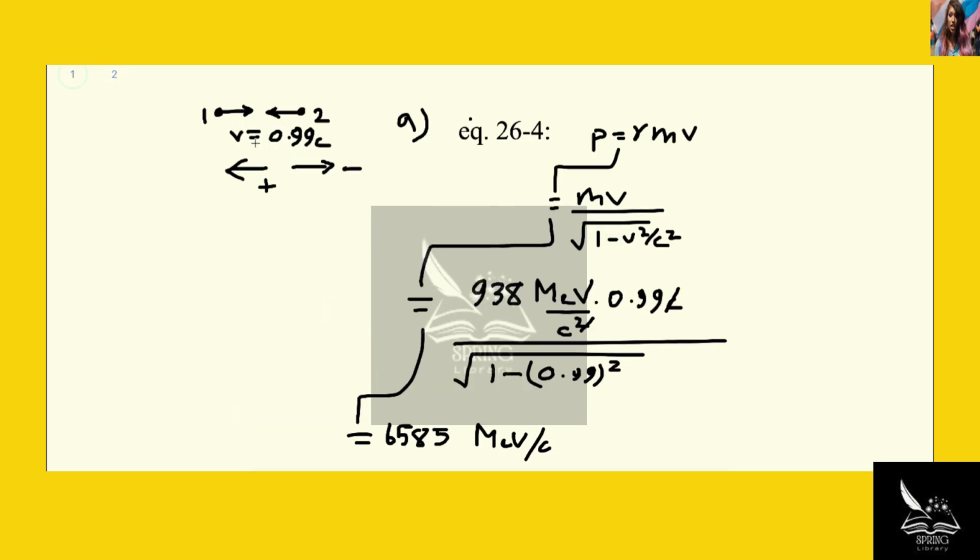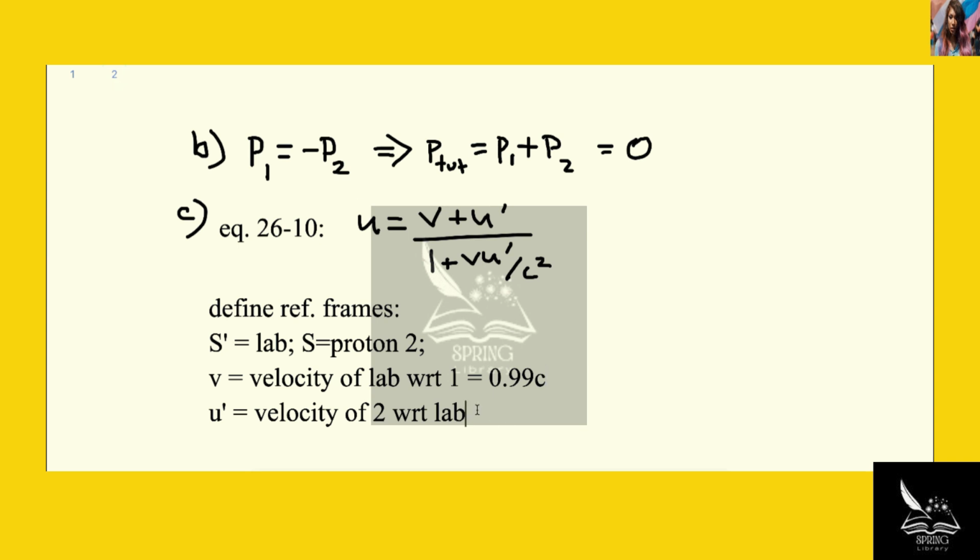So for the lab, which is at rest, if you're measuring from proton 1, it would appear that the lab moves towards it with its velocity. And moving towards it means it's moving in the positive direction, right? So you have a velocity of 0.99 c in the positive direction. That is why it's 0.99 c.